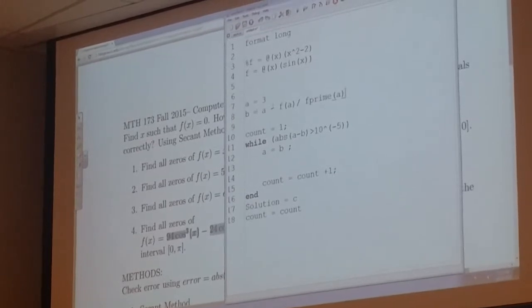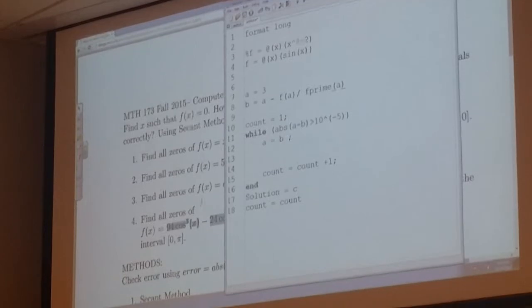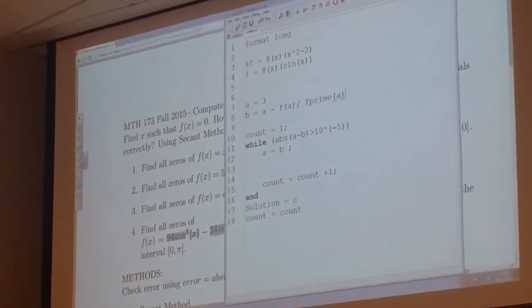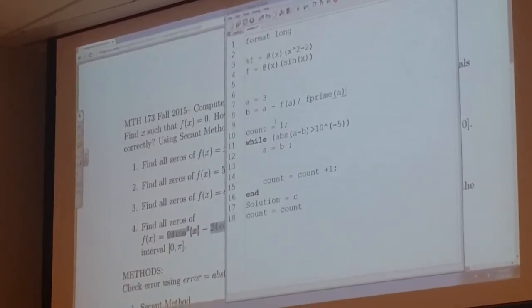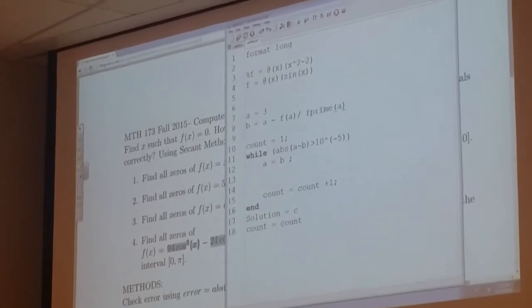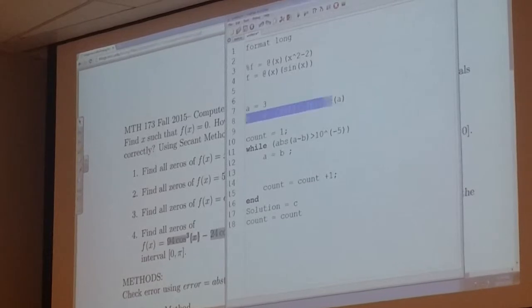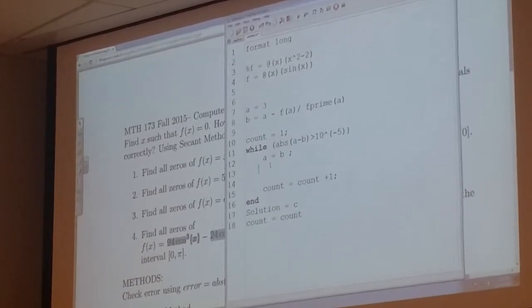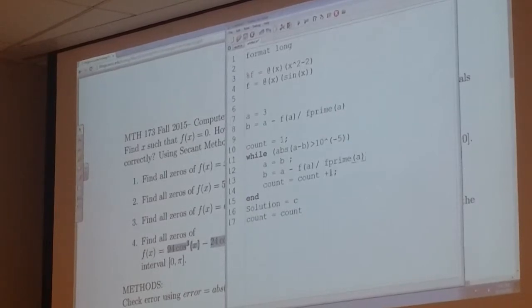At the bottom, when you say solution equals C. Wait a minute, we're not going there, we modify this as we go, right? You see how I modified the previous ones? I just copy and paste the same thing. I have A, now I find B, I count this as 1, and if the absolute value of A and B is still big, I make B my new A, and I need to find my new B. And if I find my new B, I count again.